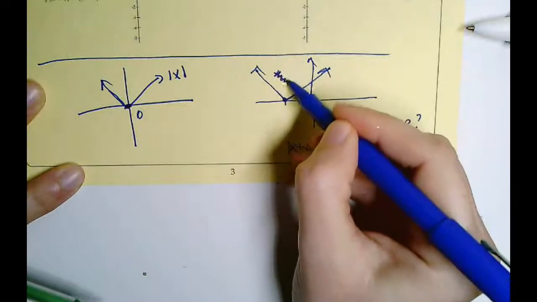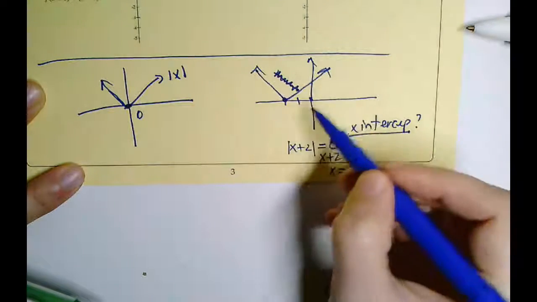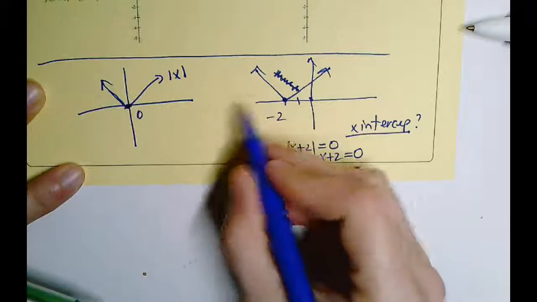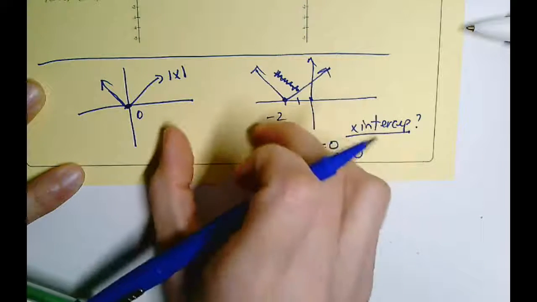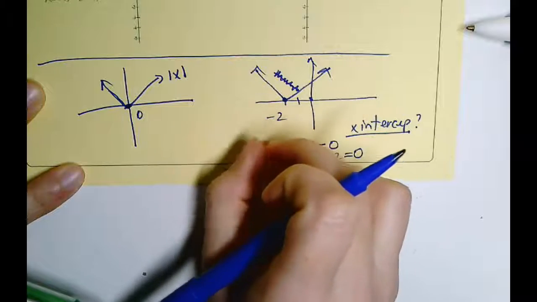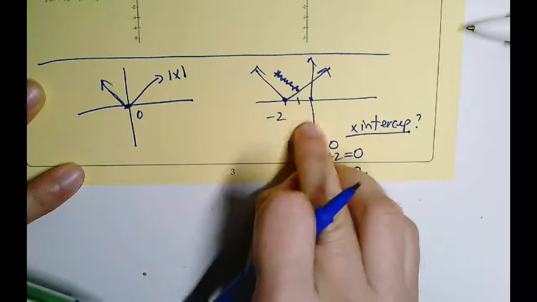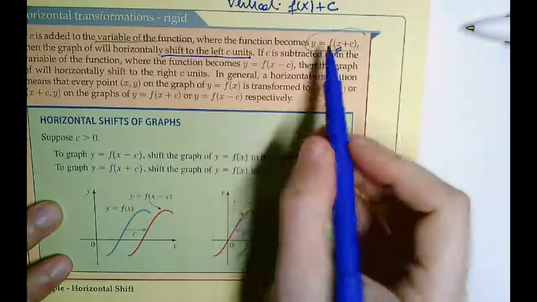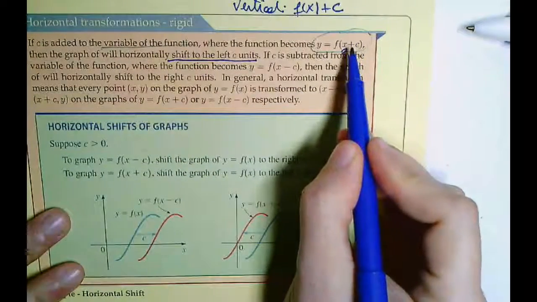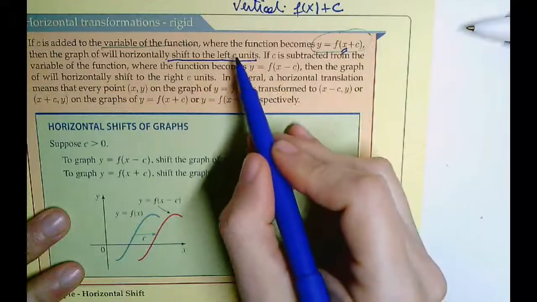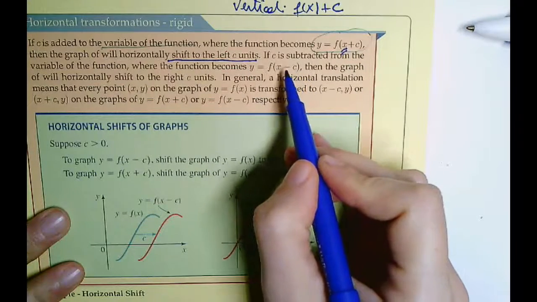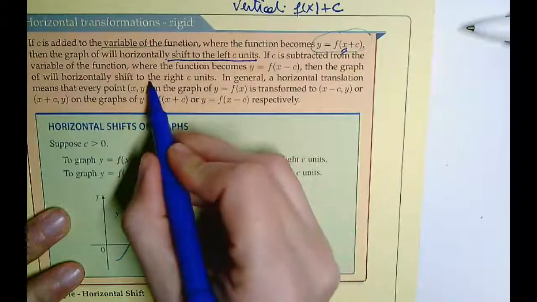So it's a little backwards than what we're used to, but this is the reason why. When you're adding something to the x, that means that it moves to the left. Because think about this one. To get back to where I started, I would have to add 2. So that's why for horizontal shift, when you're adding a constant to the x, it moves to the left that many units. And if you're subtracting that constant from the x, then it will move to the right that many units.